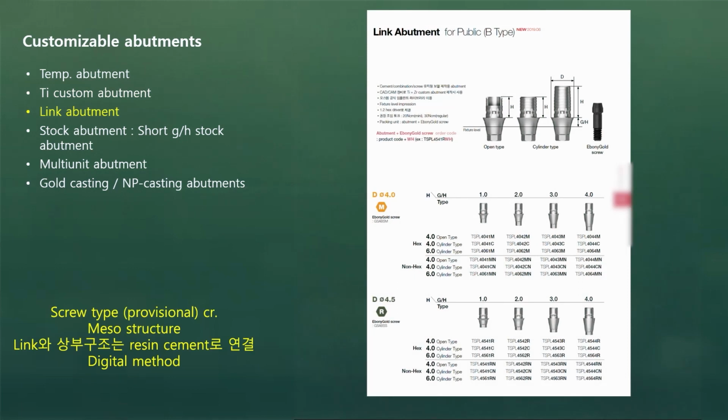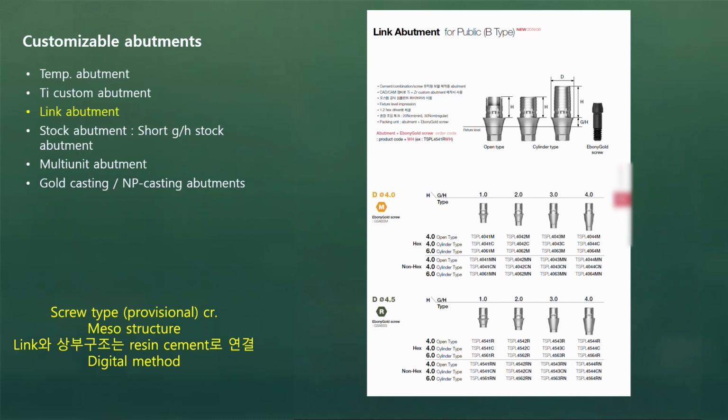So in the aesthetic area, link abutment is very much used, and this is screw type. And on the right side, what I'm showing is from the OSTEM catalog PDF file. And link abutment in the digital age has become more popular. And in creating screw type provisional, this is used.